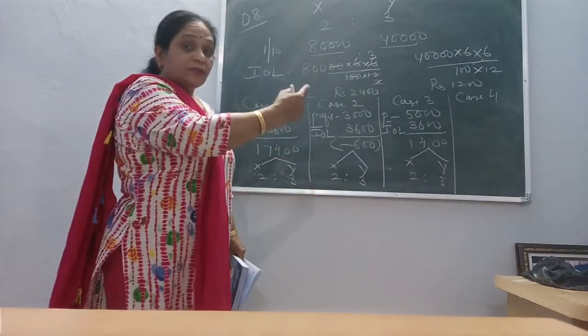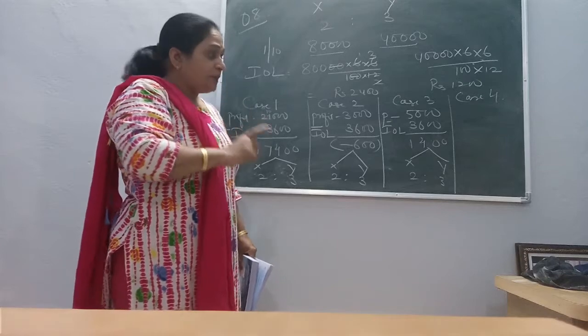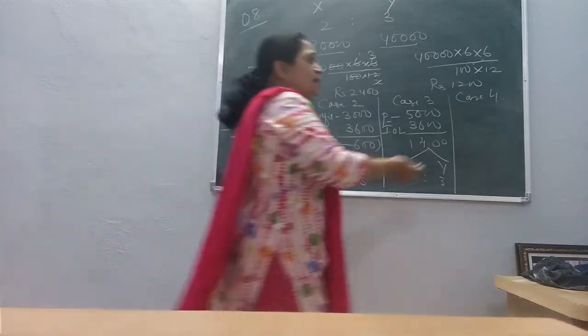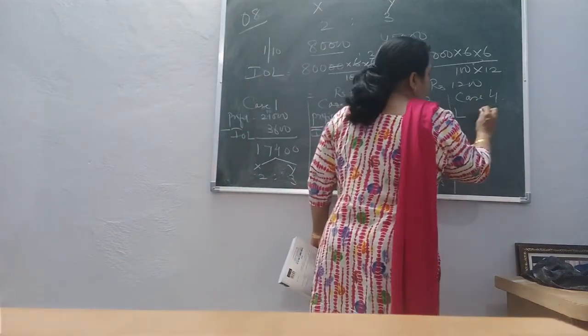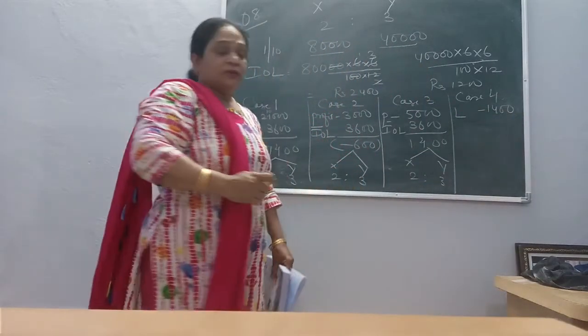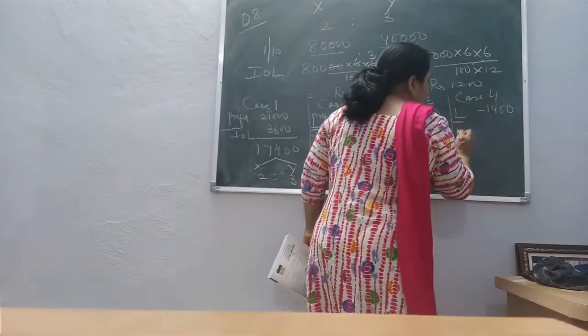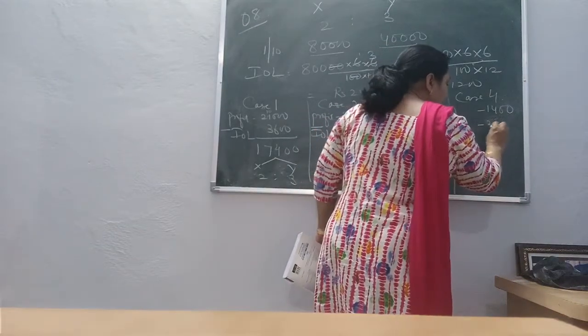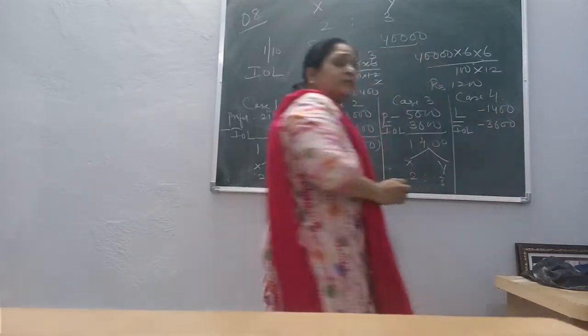You will complete this question in your classwork copies neatly. Okay, and in case 4 there is a loss of 1,400, so it's a minus figure, and whatever you have to give as interest on loan is again a minus figure of 3,600.